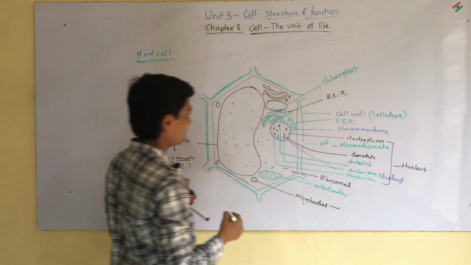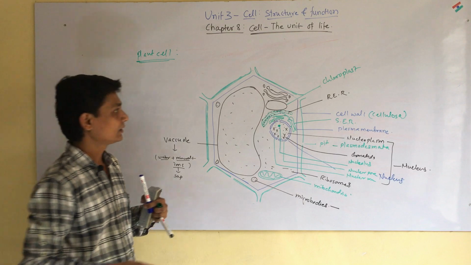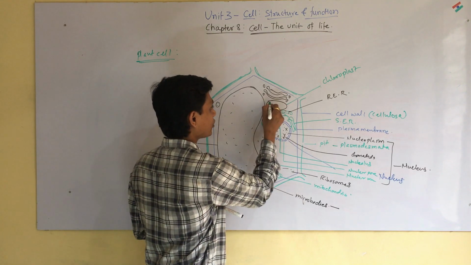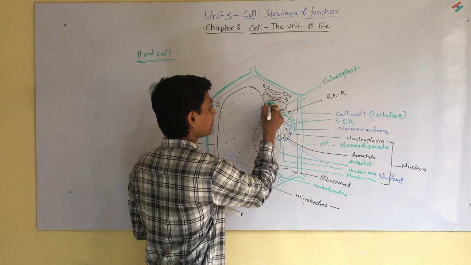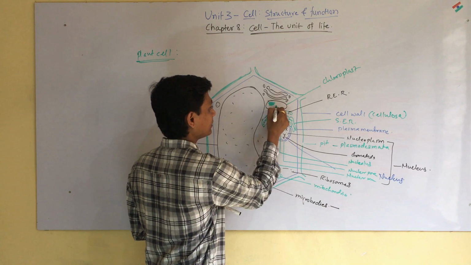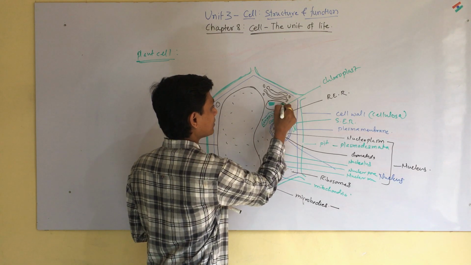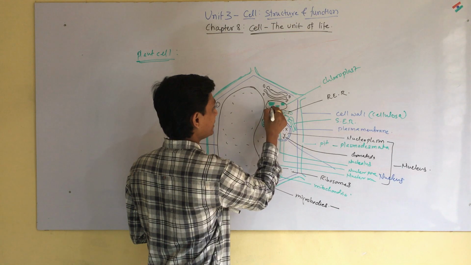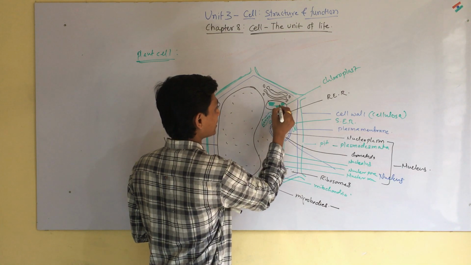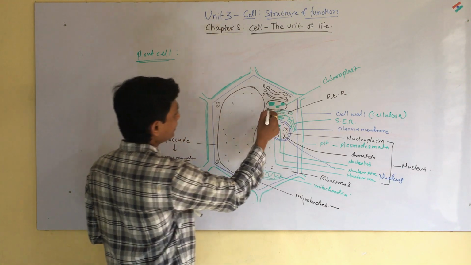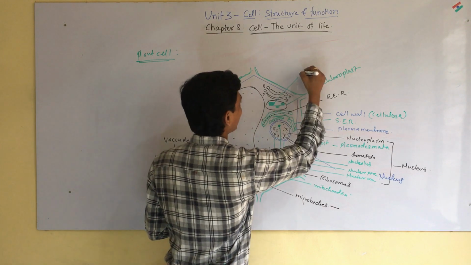chloroplast. Inside this chloroplast there is a stack of thylakoid membrane, with intergranal lamellae. The thylakoid stack is known as granum.